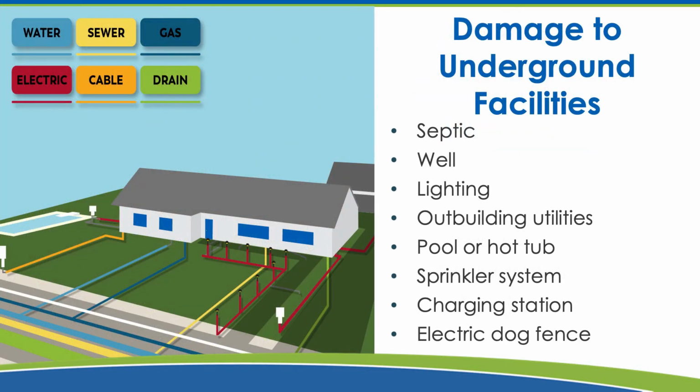Let's take a closer look at customer-owned facilities that need to be staked or flagged along the service route properly. Here is a partial list of services that are customer-owned: septic, well, outdoor lighting, utilities to outbuildings, pool or hot tub, sprinkler system, charging station, electric dog fence.